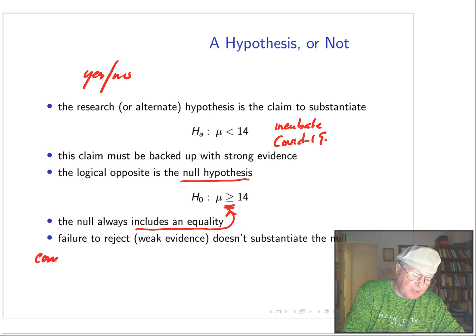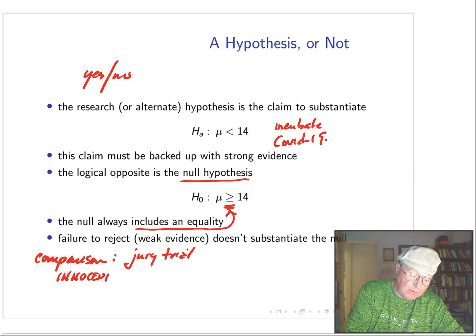A comparison or analogy would be a jury trial. Innocent until proven guilty. That's the null hypothesis.